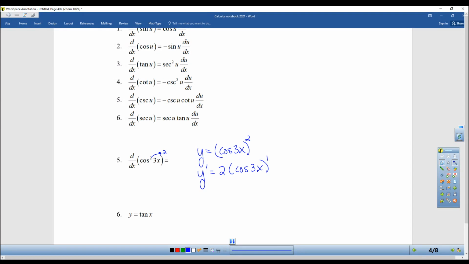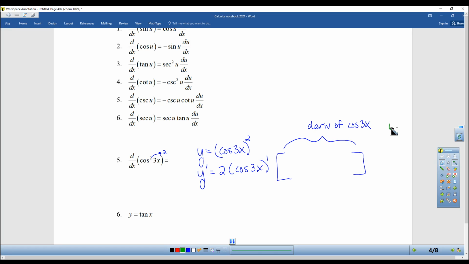And now I'm going to do the derivative of the inside. Now think about it. This whole thing is going to be the derivative of cosine 3x because that's the inside in this case. So some people need to do it off to the side as a separate problem.